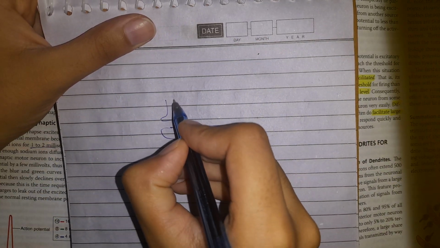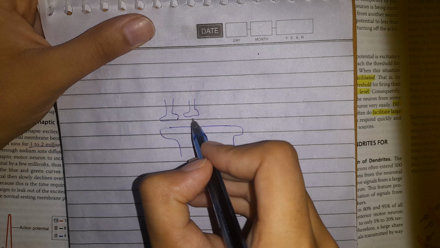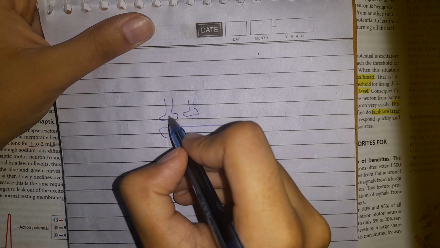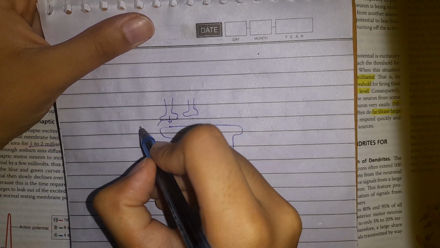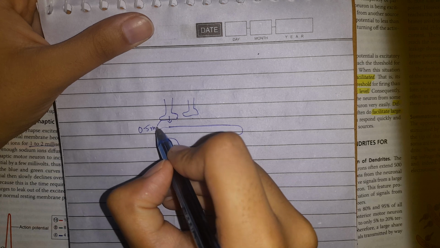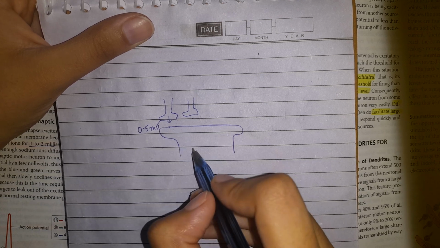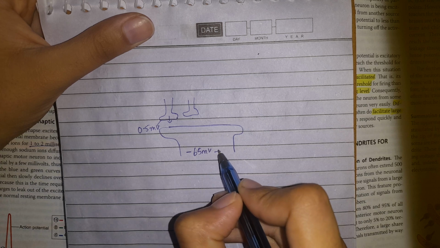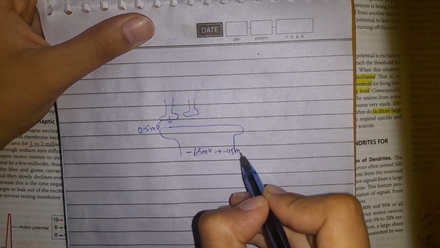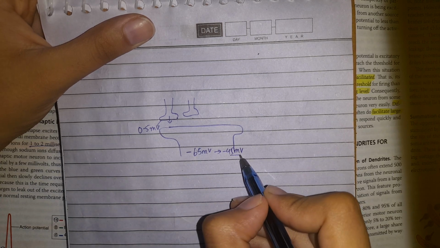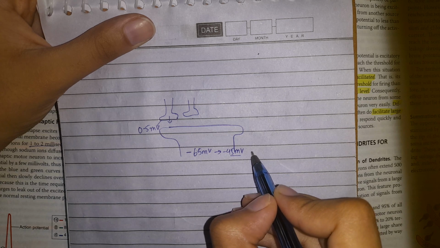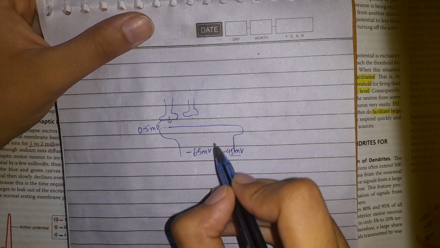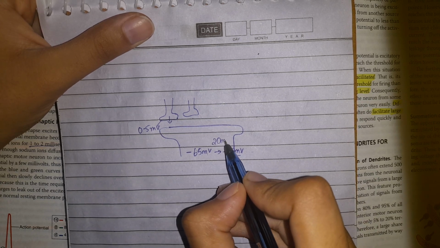are the presynaptic membranes. Whenever a presynaptic membrane releases the neurotransmitter, a single presynaptic membrane can give 0.5 millivolt. But you know that to raise this minus 65 millivolt to the level of minus 45 millivolt, which is an excitatory postsynaptic potential, which will take it to the threshold level and generate an action potential, we need 20 millivolts of positive potential.